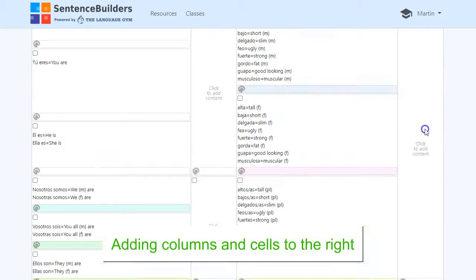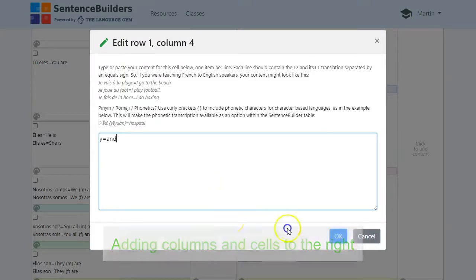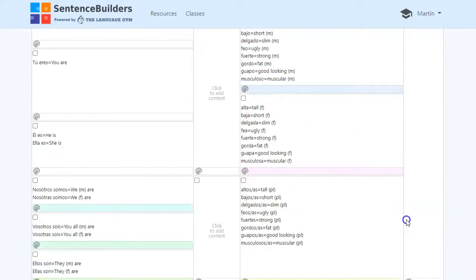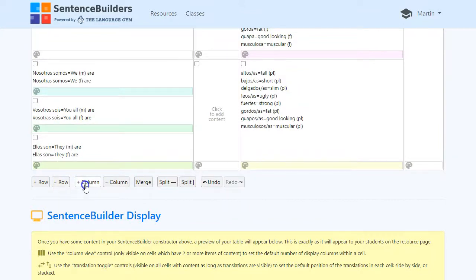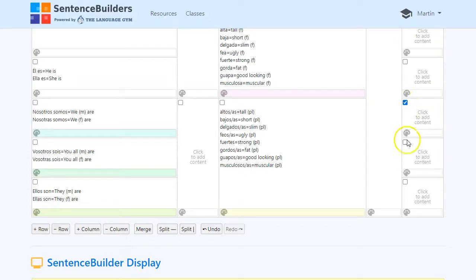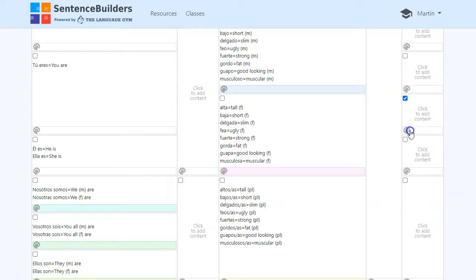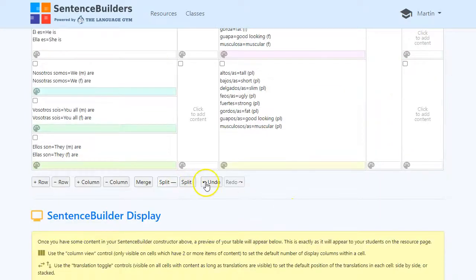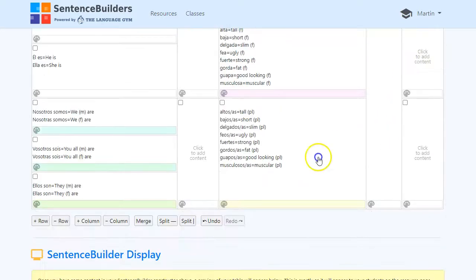So we're going to add here, we're going to put "and", and to the right of that we're going to add another column, and this column we're going to split in the same way, or merge in the same way as our previous adjectives column. So we'll have a cell for all of the plural adjectives, we'll have a cell for the feminine adjectives, and we'll have a cell for the masculine adjectives.